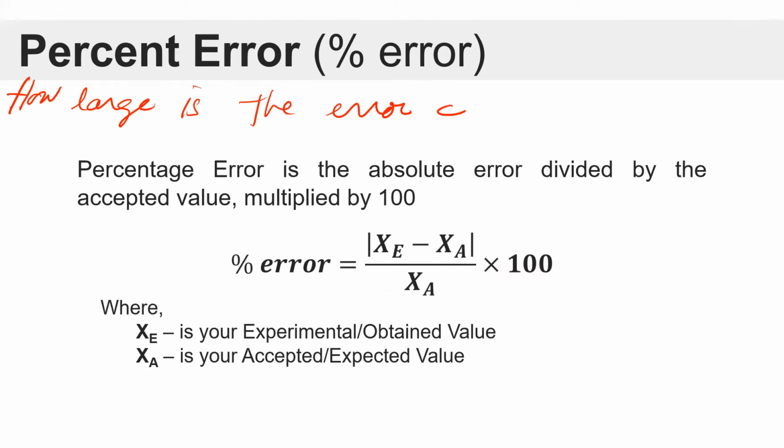It measures how big a part your error is relative to the true value, and it tells you how big the error of your measurements is, or how close your experimental value is to the true value.